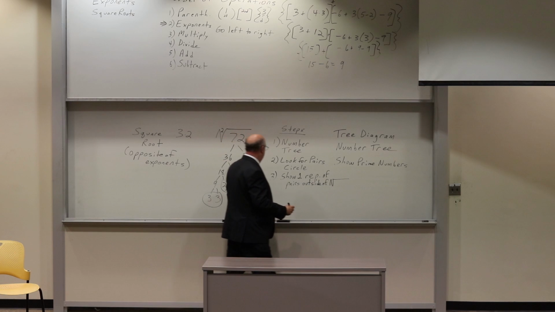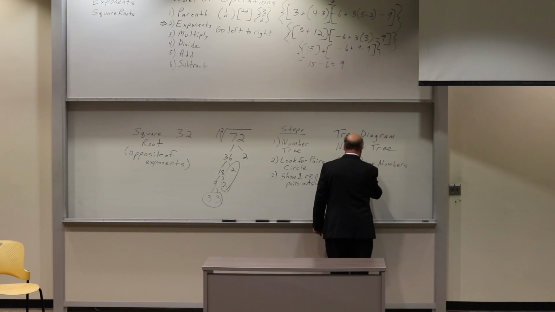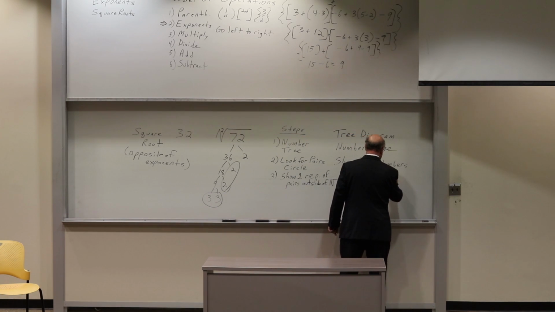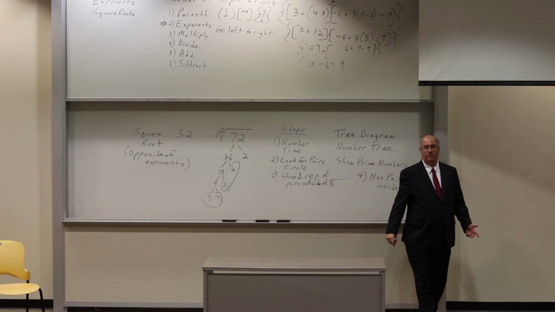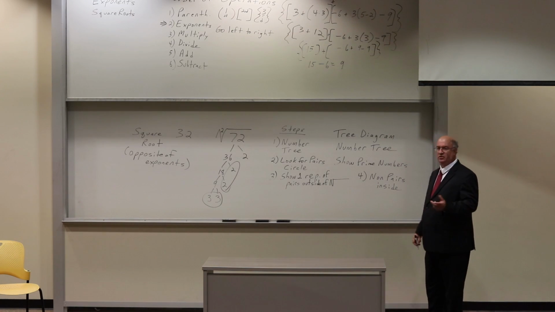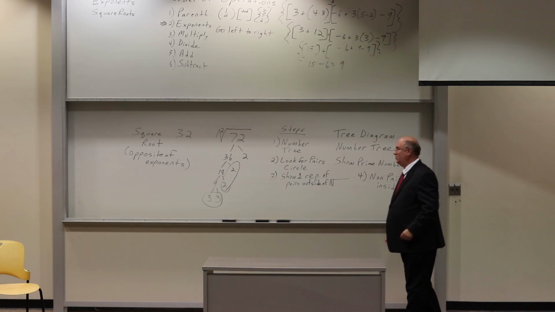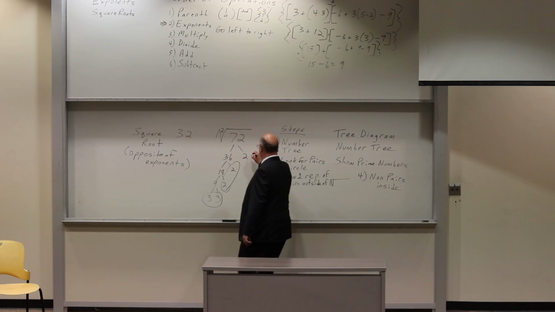And the fourth thing we're going to do, the ones that don't have a pair, in this case it's just one number, we'll keep that inside the square root sign. So this will be inside.